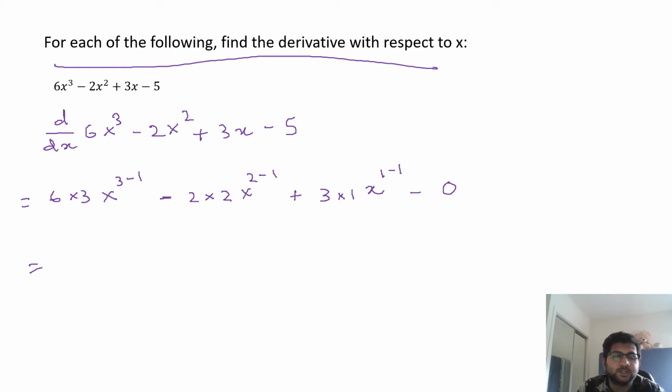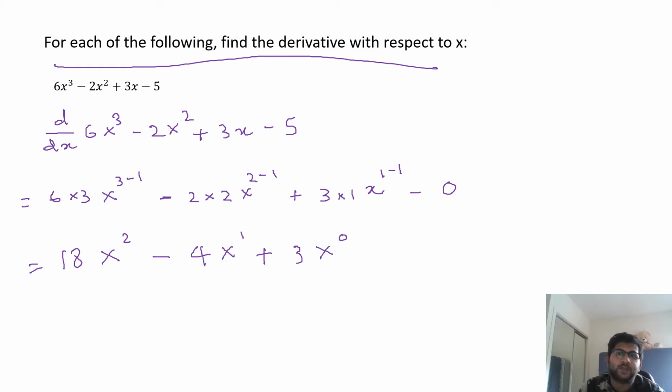So 6 times 3 is 18x squared, since 3 minus 1 is 2. Then 2 times 2 is 4, and 2 minus 1 is 1, so 4x. Plus 3 times 1 is 3, and x to the power 1 minus 1 is x to the power 0.